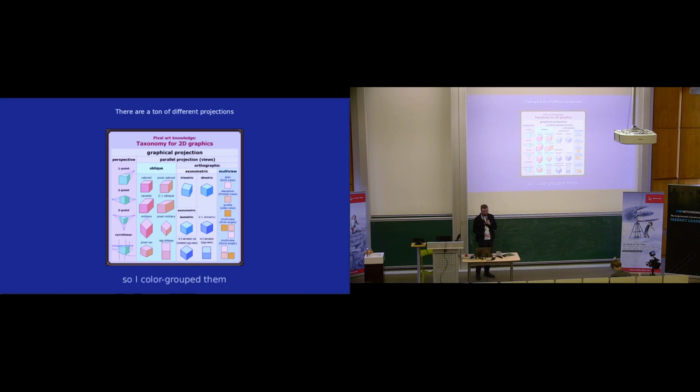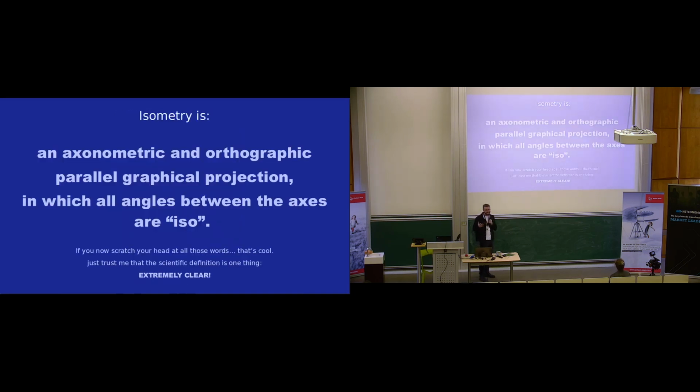First of all, there are tons of different projections in games, and in the chart I color-group them. In the chart I go in depth for everything. We are looking here purely at what isometry means, because for a lot of those projections, everybody says they are isometric. But what is isometry?